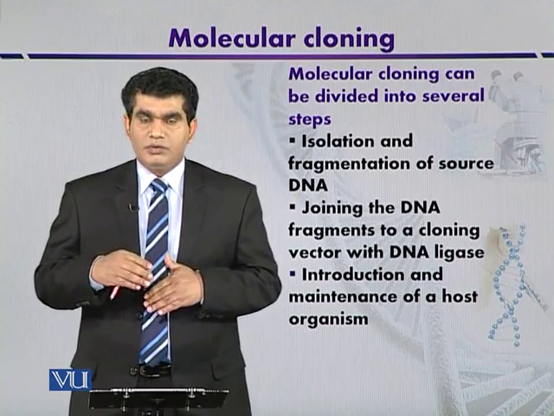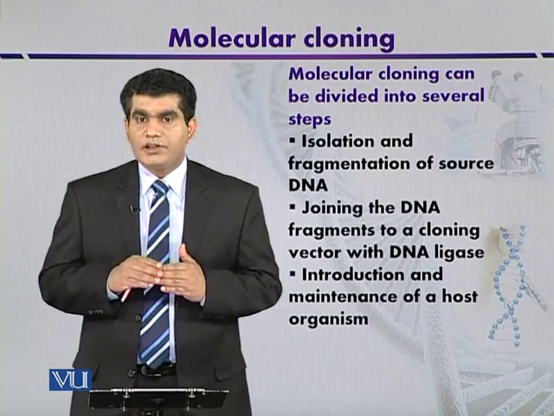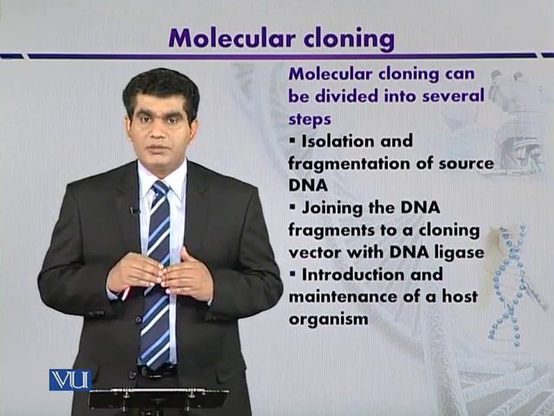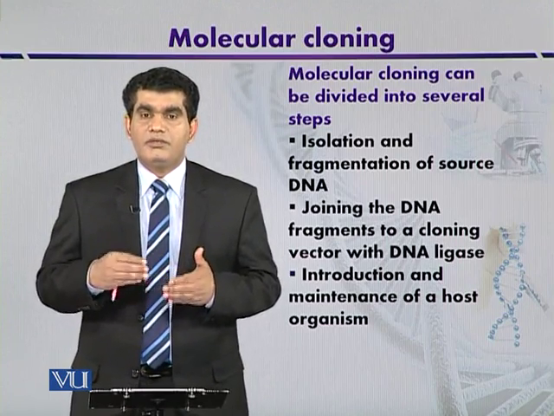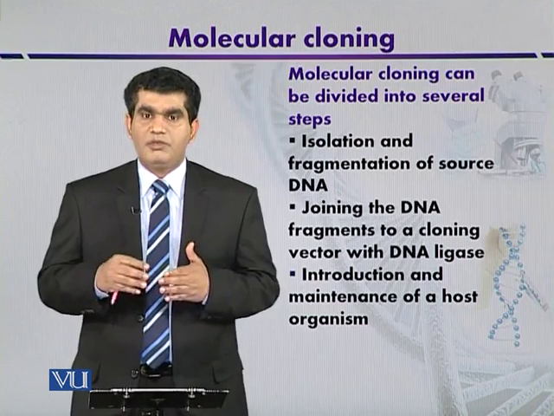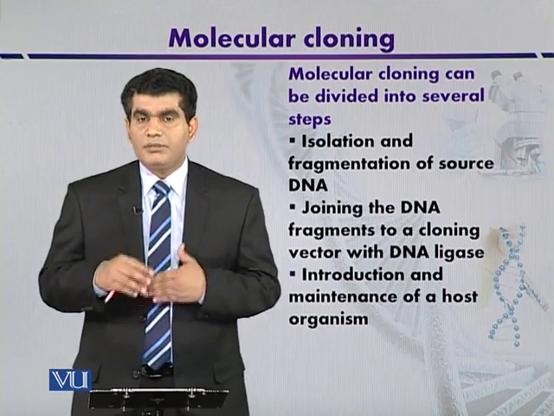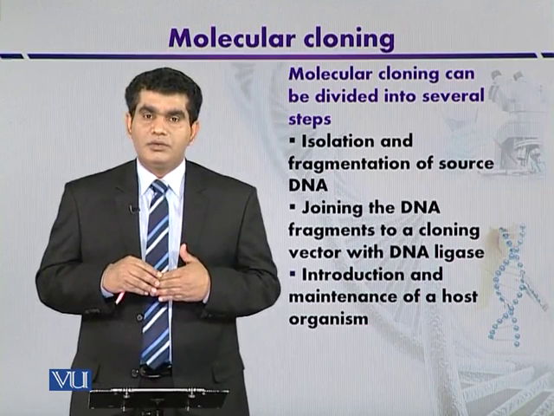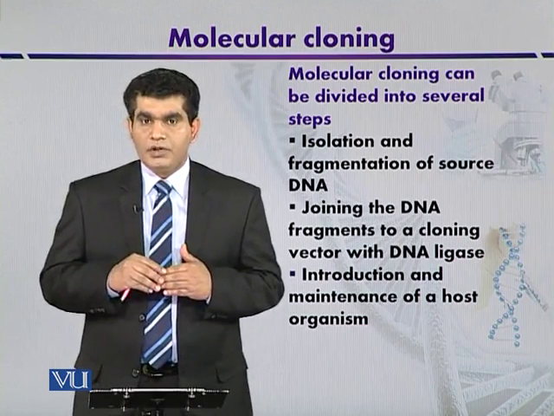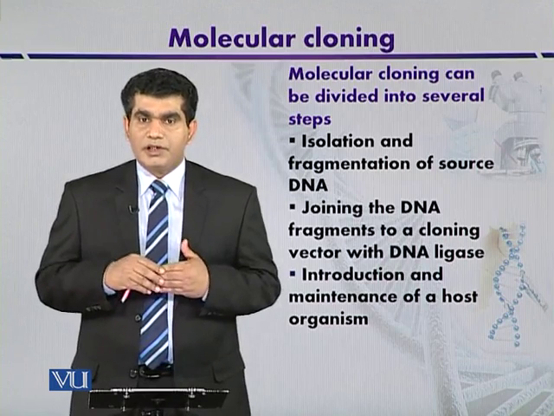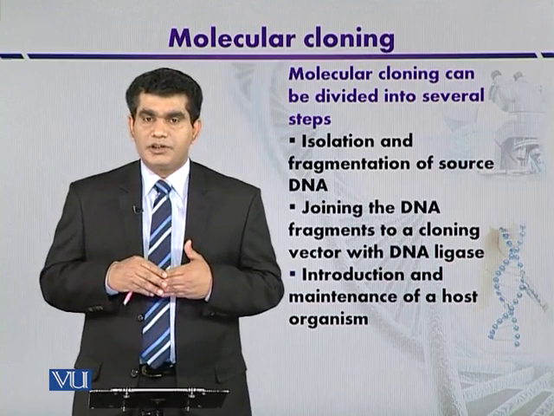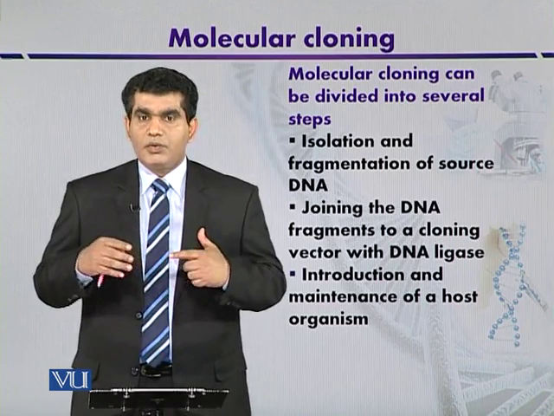Okay. So, here we can cut the vector DNA with the same restriction enzyme that we have previously used for DNA digestion. कि हमें वही enzyme use करना है जिससे हमने अपना source DNA जो है उसको cut किया है. So that in most of the cases, depending upon the restriction enzyme, we can get the cohesive end.